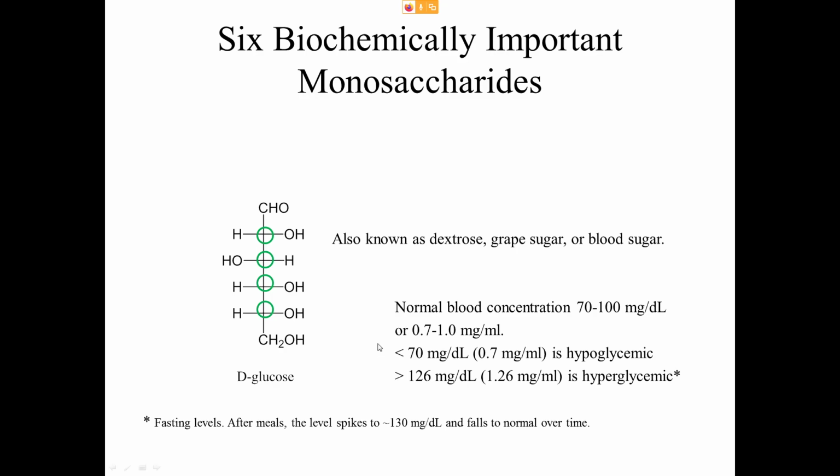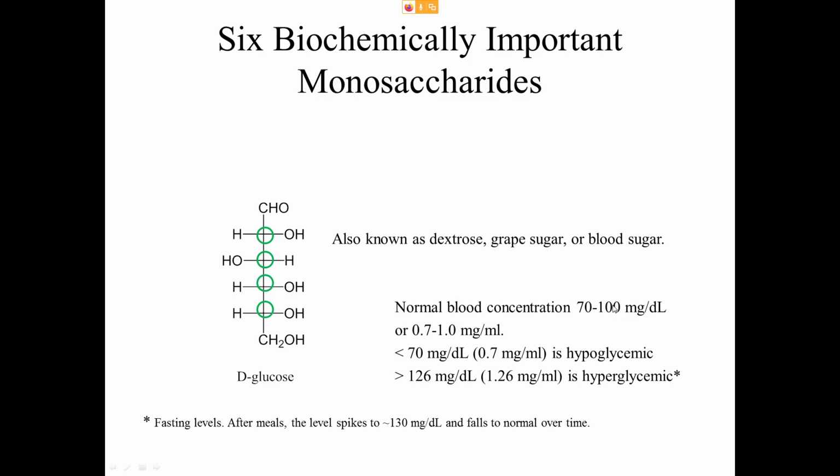But glucose is an important sugar. That's why we're going over it. It's also known as dextrose, often called that for that reason, or grape sugar or blood sugar. It's normally found in the blood at about 70 to 100 milligrams per deciliter. For some reason, the medical community decided on this very odd unit, probably because it tops out around 100.